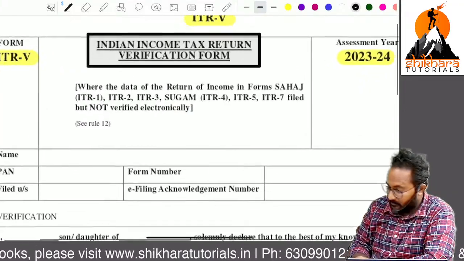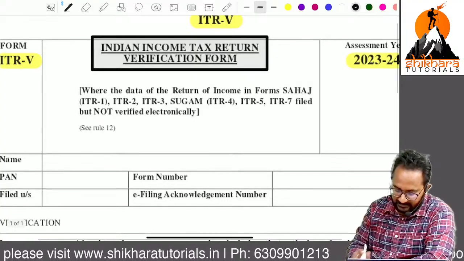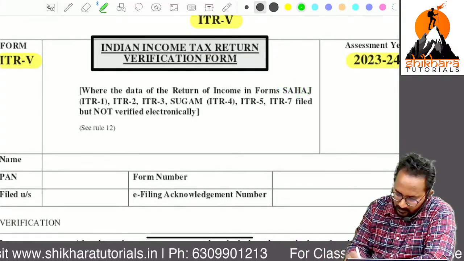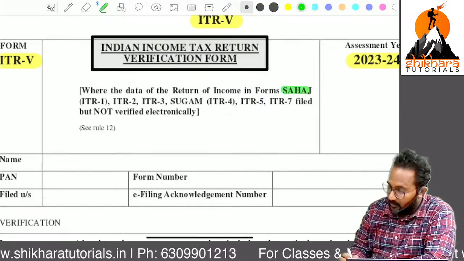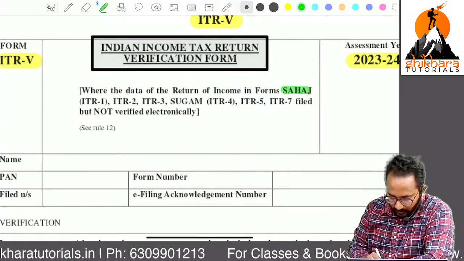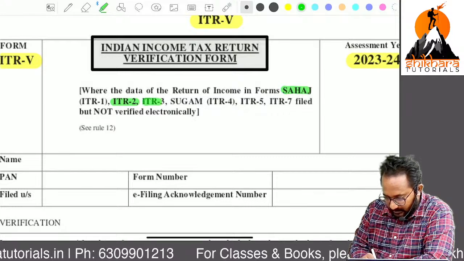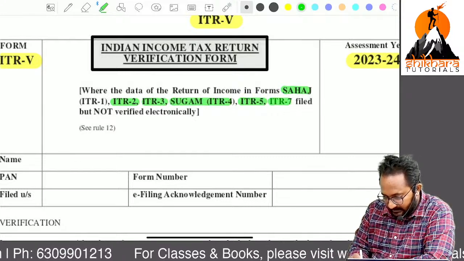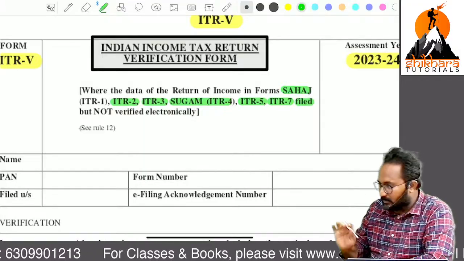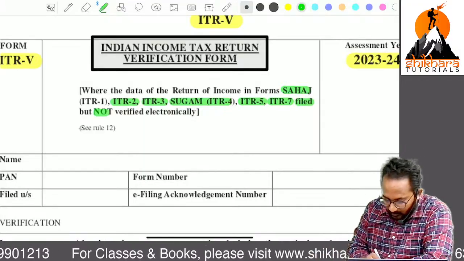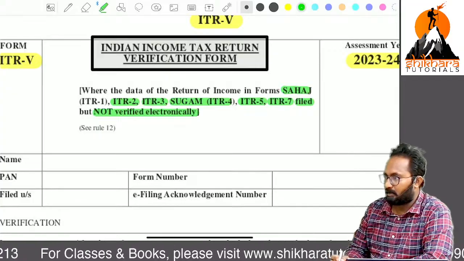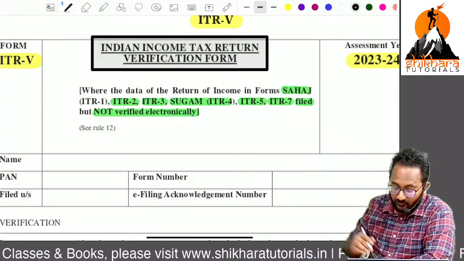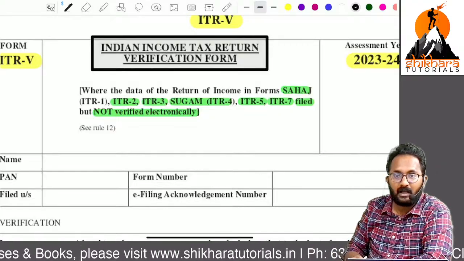Sir, here I want to mention one important point, ma. Sahaj form means what? ITR-1. So ITR-2, ITR-3, ITR-4, ITR-5, ITR-7, already filed electronically, not verified electronically. So data can be transmitted electronically, but the signature now we need to send physically using ITR-V.